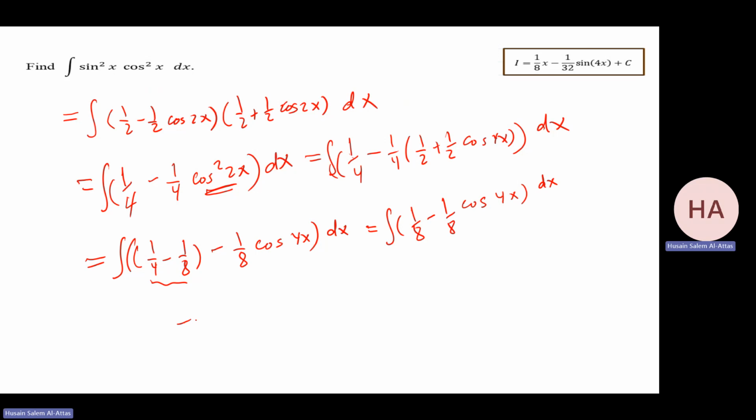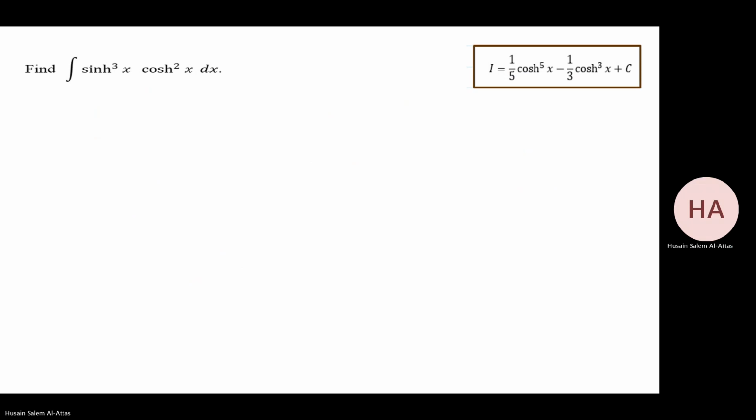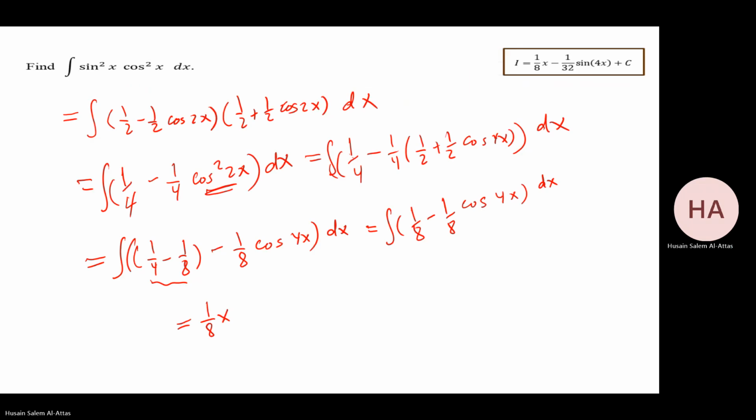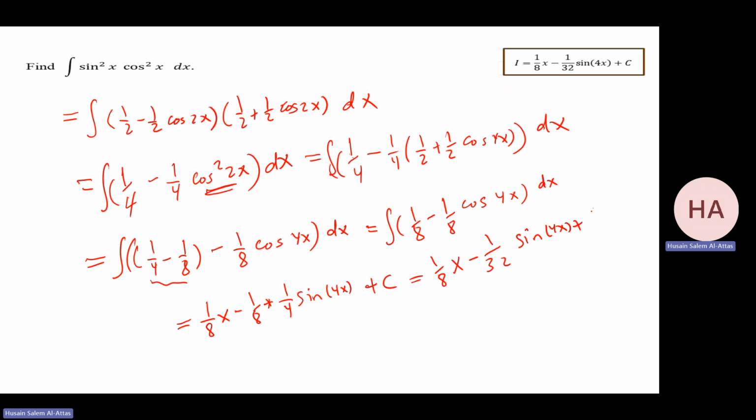Now do the integration: 1 over 8 x minus 1 over 8 times 1 over 4 sine 4x plus c. I did the integration. That's it. So I have 1 over 8 x minus 1 over 32 sine 4x plus c.